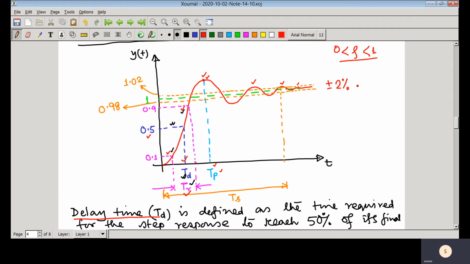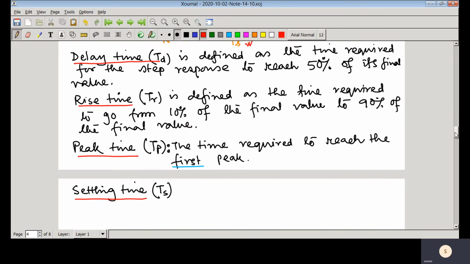Here the final value is 1, and if we take plus minus 2%, this is the time required to enter and stay inside this plus minus 2% band. That means this oscillated response enters and stays inside this band. After the time TS, so this TS is called the settling time.